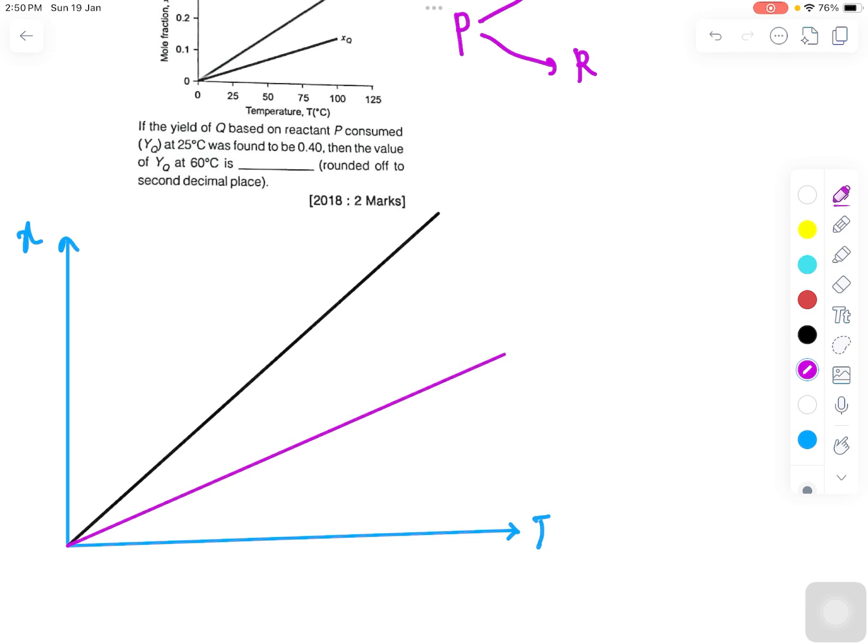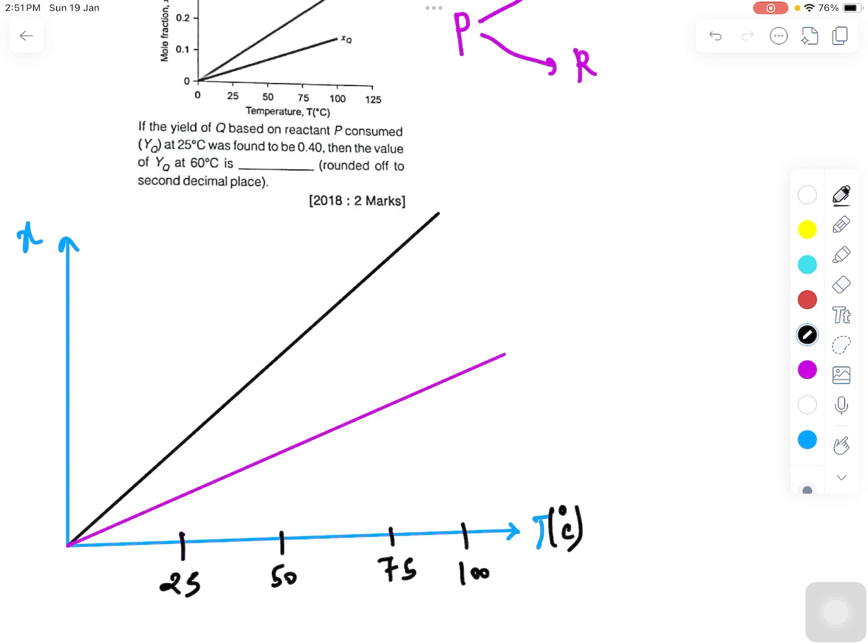Here you can see different temperatures are given: 25, 50, 75, 100 and so on, in degrees centigrade.